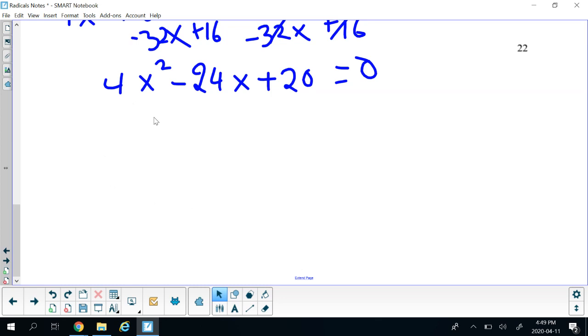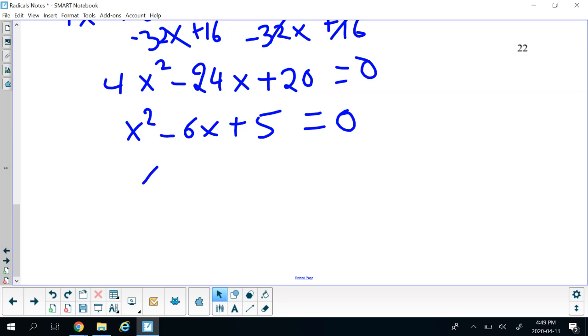Let's divide by 4 on both sides. When you divide each and every term by 4, 4x squared divided by 4 will be equal to x squared, and 24 divided by 4 is 6, plus 5 equal to 0.